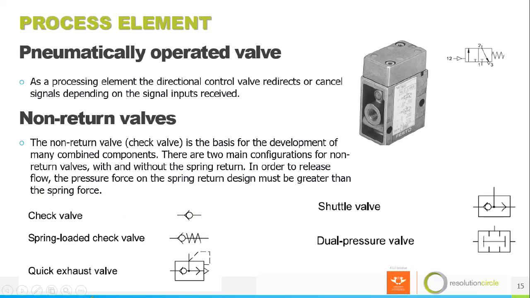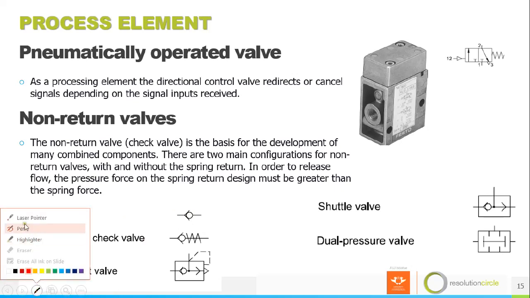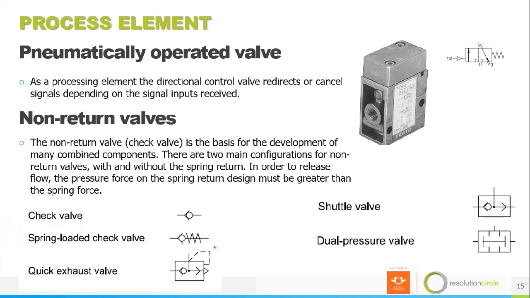This check valve only allows pressure in one direction, guys. It will only allow pressure to move in this direction, because whenever pressure tries to move the other way, it is blocked, as you can see by the ball.